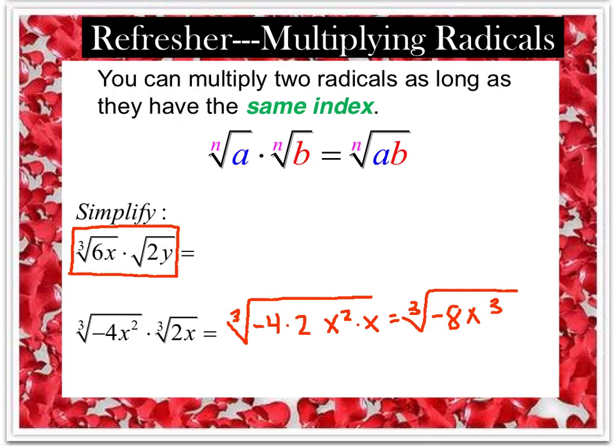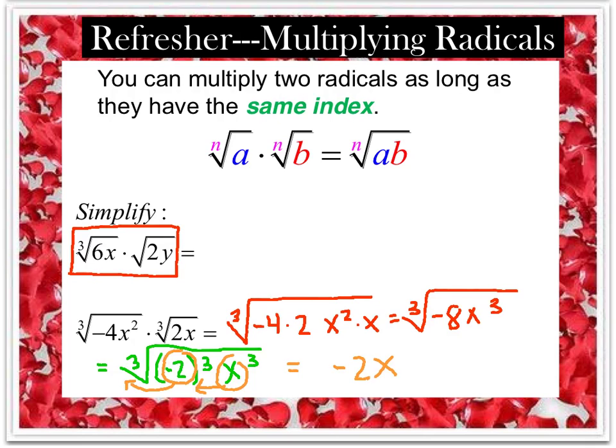Now we know that negative 8 can be rewritten as negative 2 cubed, and then we have x cubed. So anything to the third power will hop out. So a negative 2 will hop out, and an x will hop out, and I'll just be left with negative 2x. All of the cube roots go away.